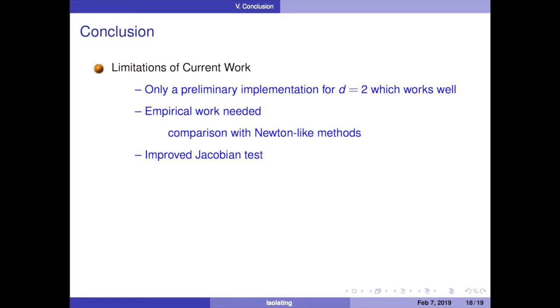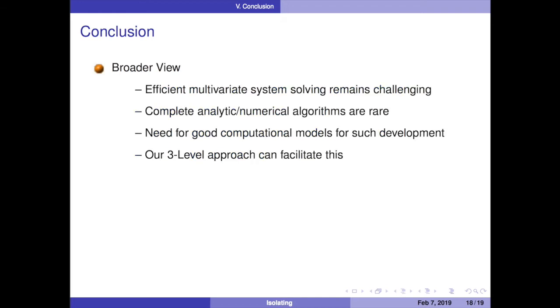Limitations of current work: we have a preliminary implementation for the 2-dimensional case. Empirical work is needed to compare against Newton's method. Newton-type methods can give you effective methods as well, but that has not been analyzed like we have. Usually people talk about this at the abstract level.